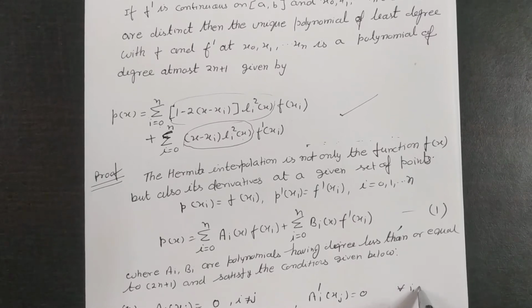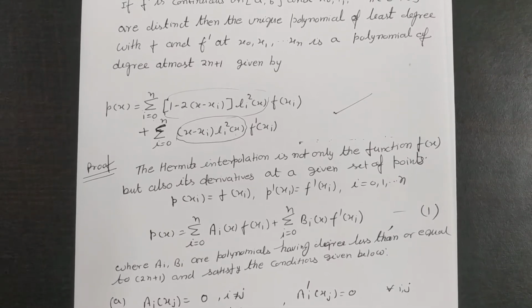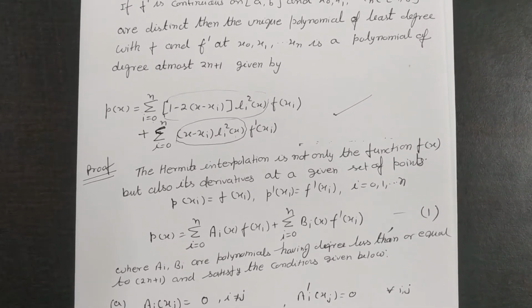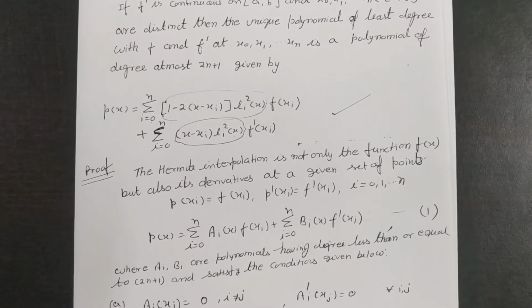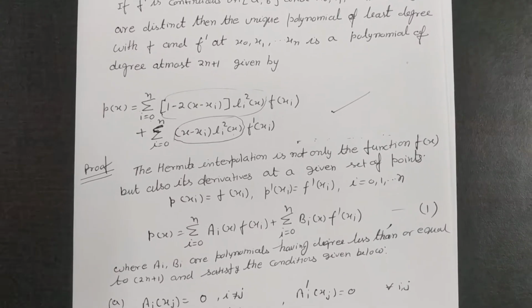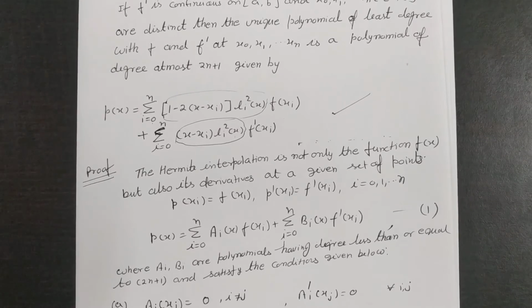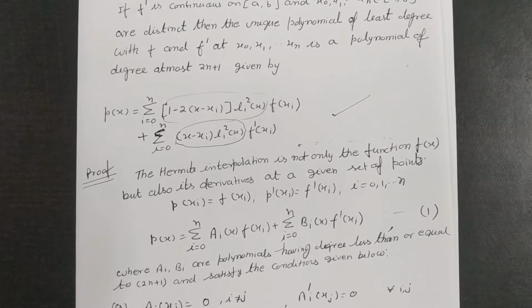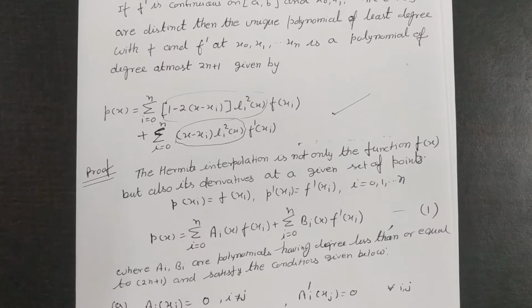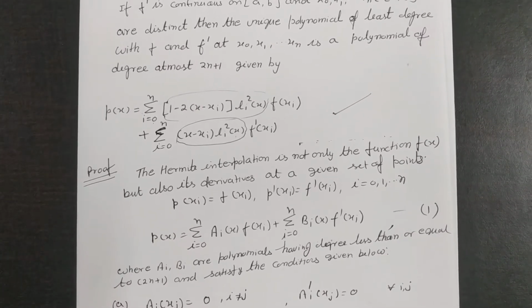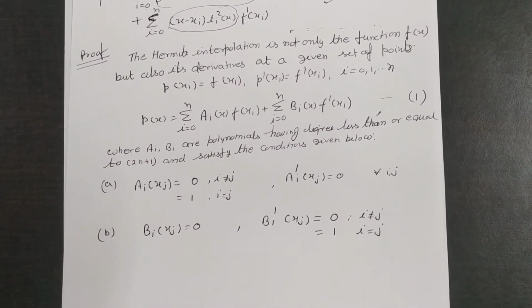Also for B, the condition is defined as Bi(xj) equal to 0, and Bi dash(xj) equal to 0 for i not equal to j and equal to 1 for i equal to j. Clear? These are the conditions.